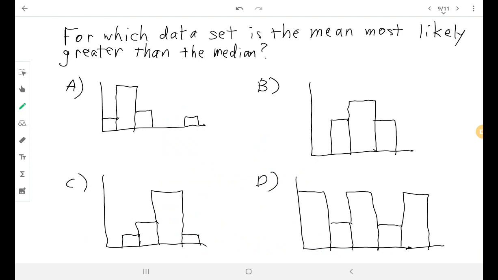All right, so now the question is, for which data set is the mean most likely greater than the median? And the way to do that is, let's draw those curves. Imagine those curves in each situation.